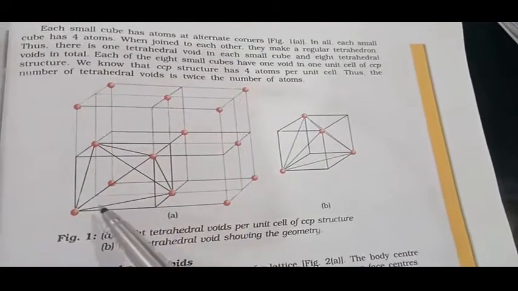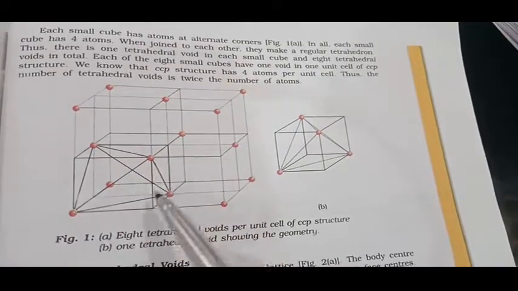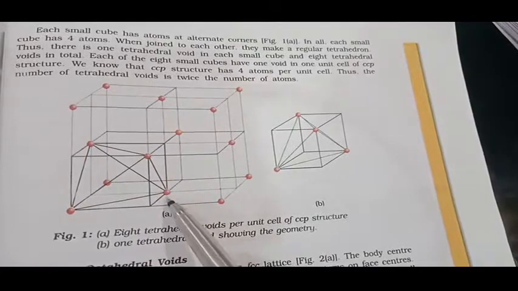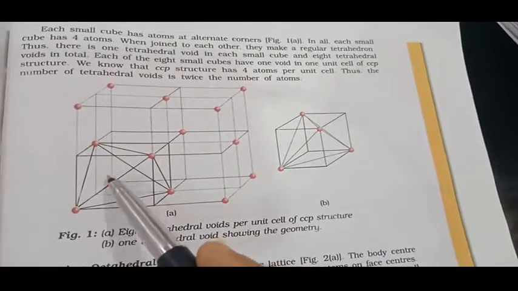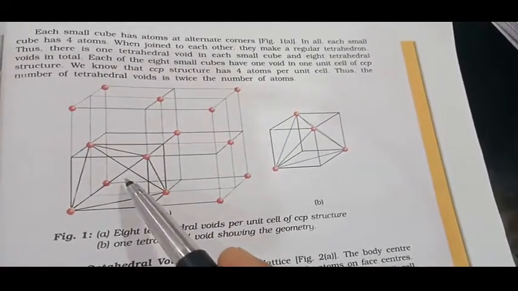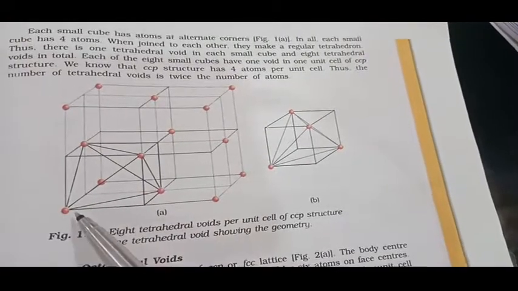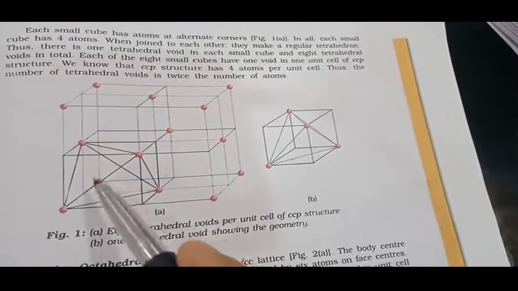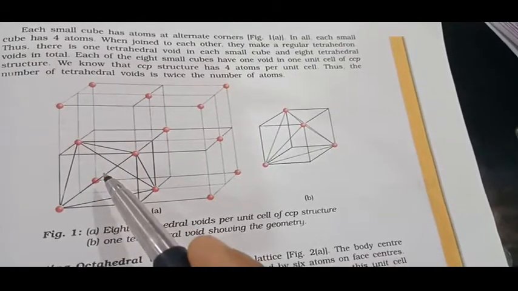So it is a tetrahedral structure, and the coordination number is 4. The void, meaning the empty space present here, is surrounded by 4 particles. Clear? So this void is a tetrahedral void.